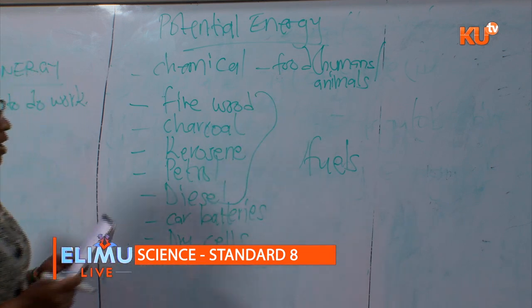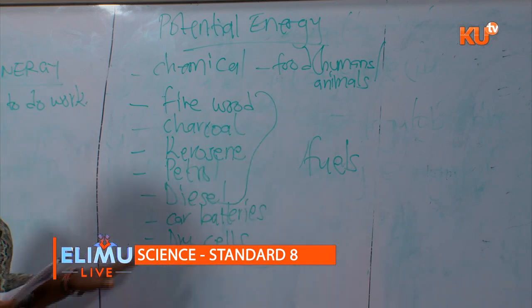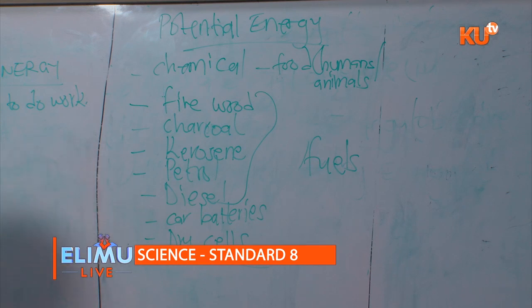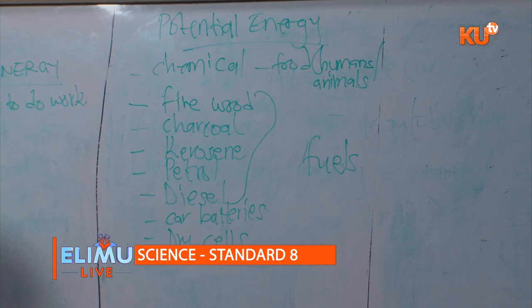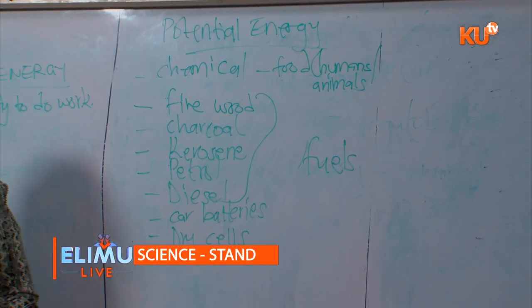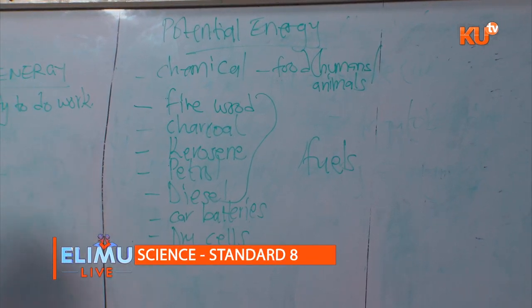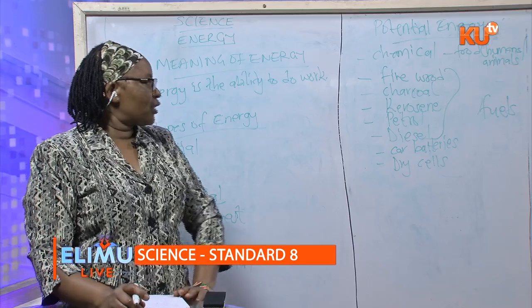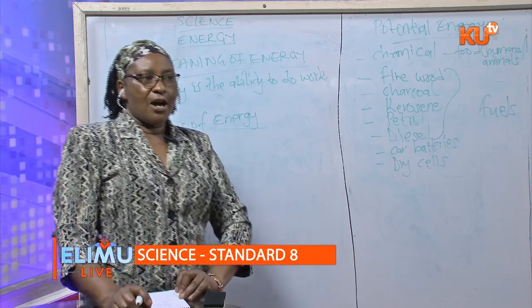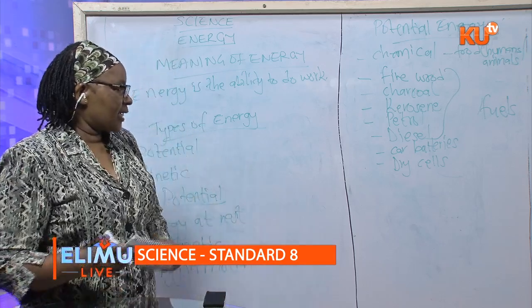The car batteries and dry cells are not fuels, but we have firewood, charcoal, kerosene, petrol, and diesel being the fuels which contain chemical energy, which is turned to kinetic energy when they are burnt.